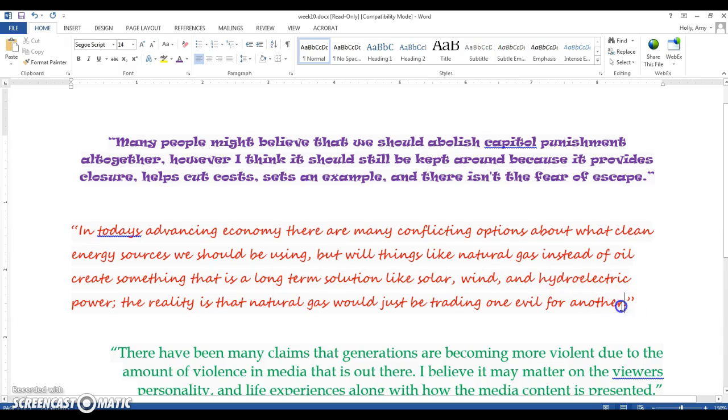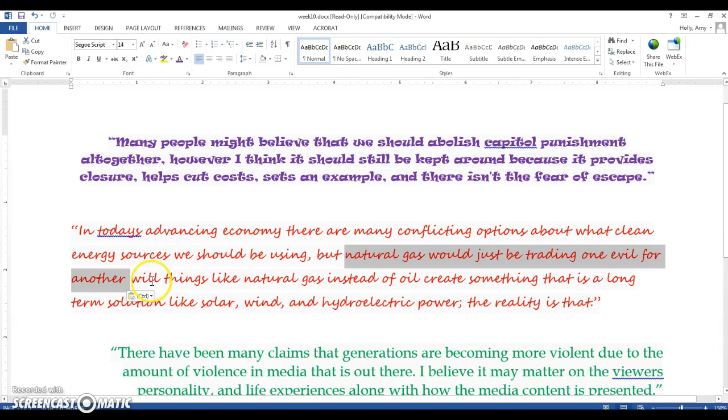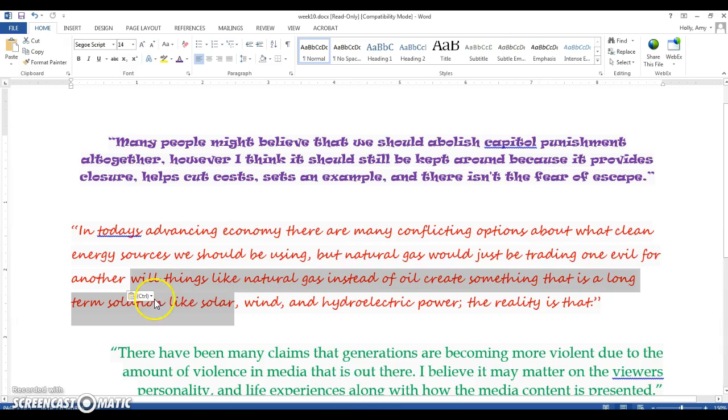So let's kind of reverse things here a little bit. We see this person makes a couple of points about why natural gas is not a good solution. So just trading one evil for another, I'm going to move that up here. And by asking this question, the writer here kind of invites multiple perspectives, but I'm going to make an assumption that the person is actually trying to lead toward an answer to this question that would be no, natural gas does not create a long-term solution.